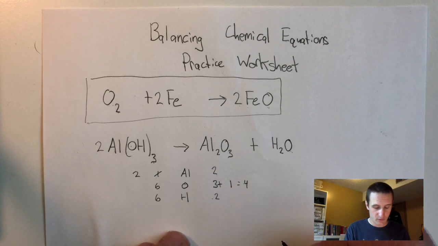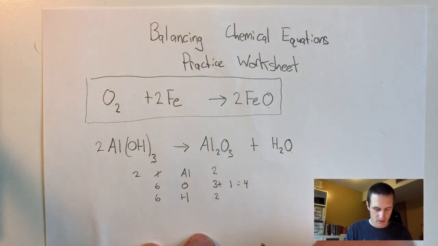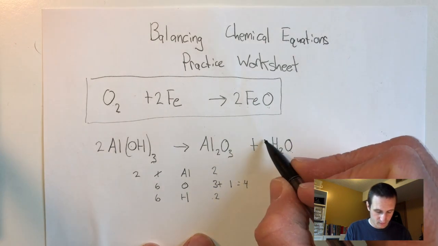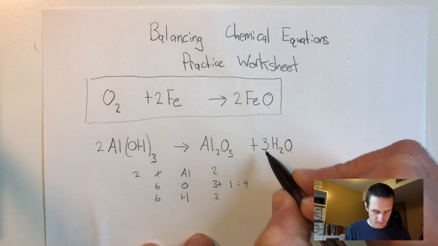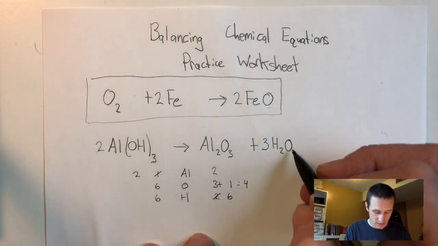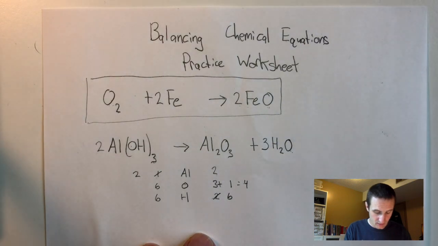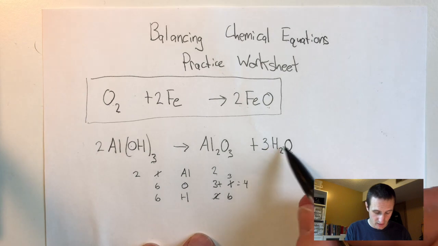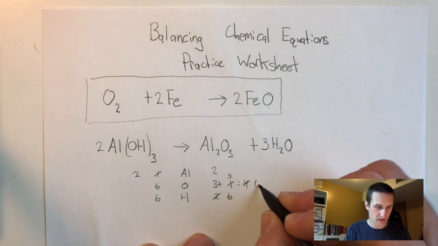And the way that we're going to do that is coefficients. If I put a multiplier on the water, a coefficient of 3, now you actually have 6 hydrogen atoms. And that also changes the number of oxygen that you have to 6.